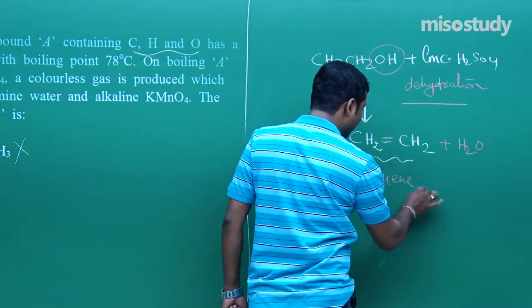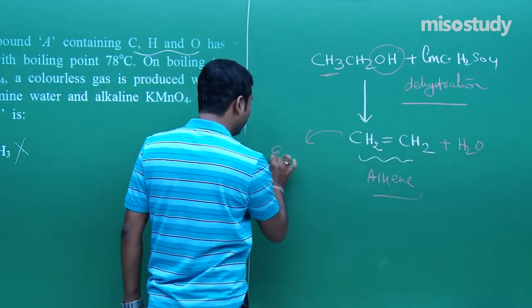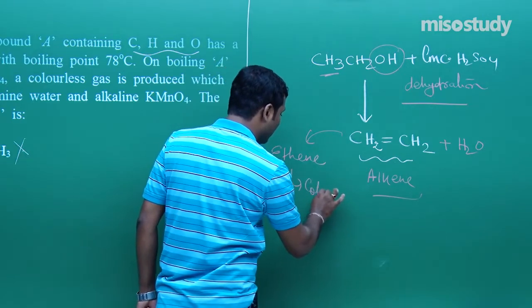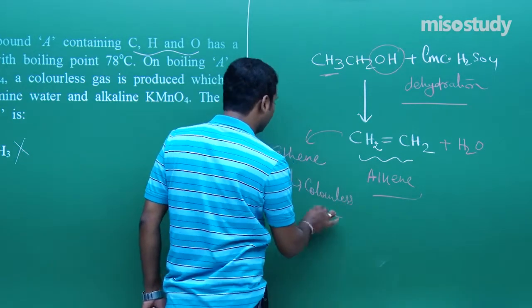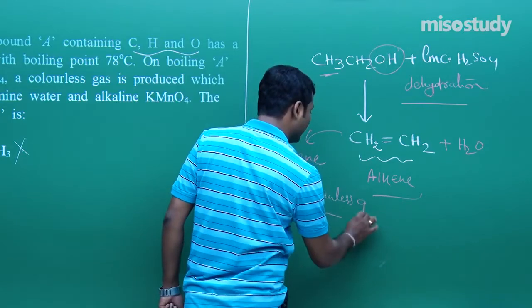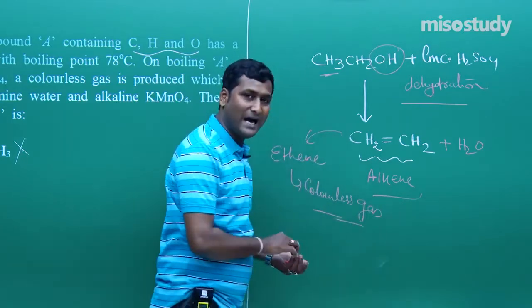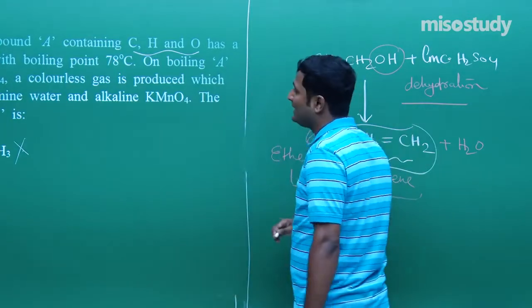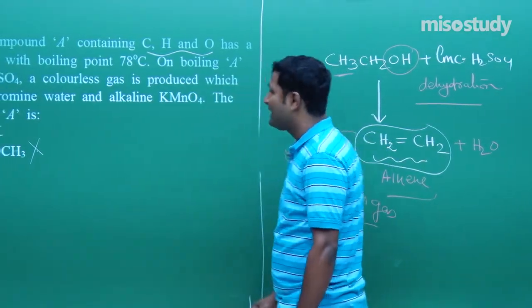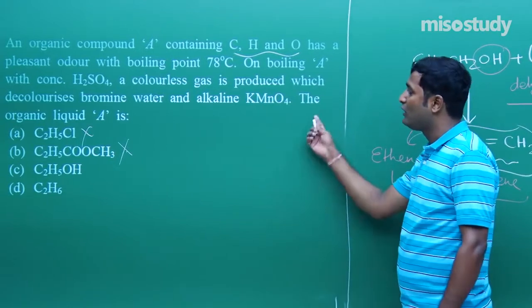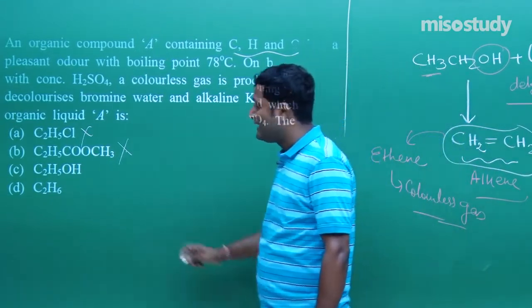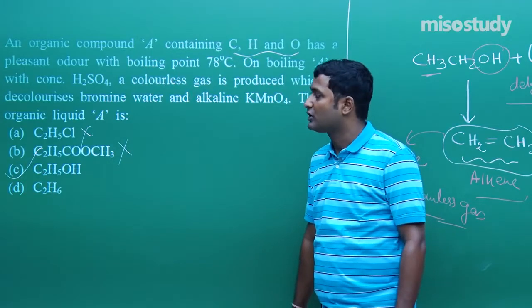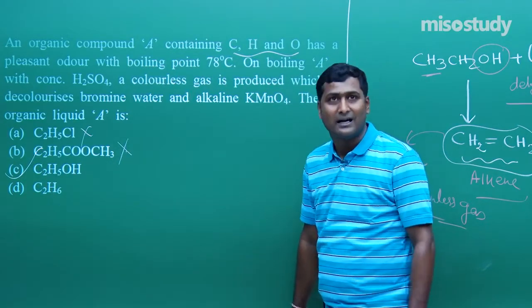This alkene is ethene, and ethene is a colorless gas. And it has the power to decolorize bromine water and alkaline KMnO4. So the organic liquid is C2H5OH. So for question number 2, C is the correct option.